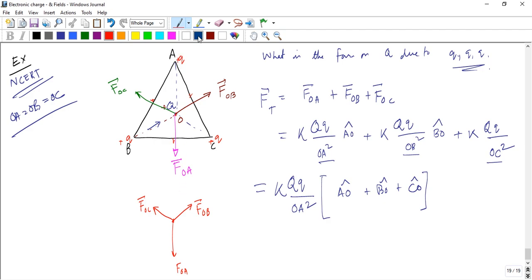So the unit vector representation, that is the OB vector. Sorry, that's not the OB vector, that is the BO vector, in that direction. So that is the BO unit vector, the CO unit vector, and here the AO unit vector.